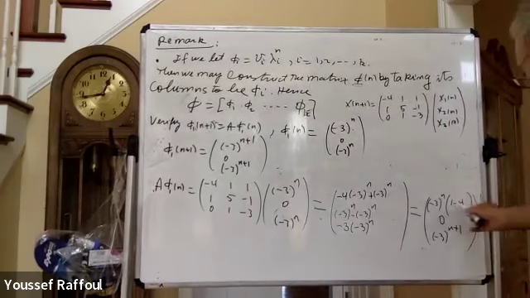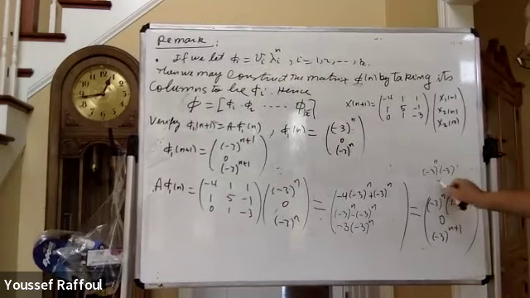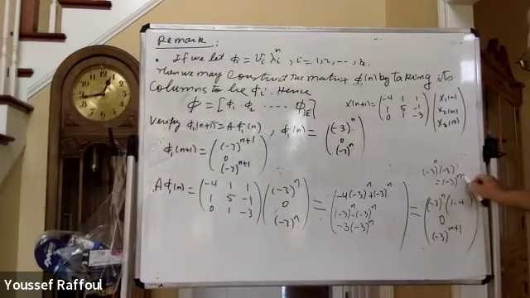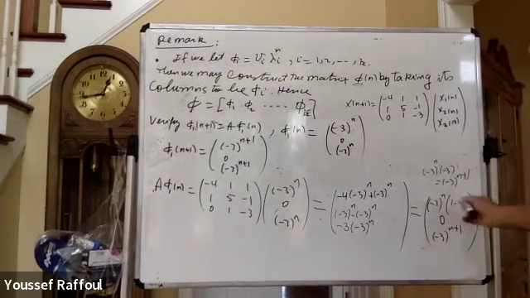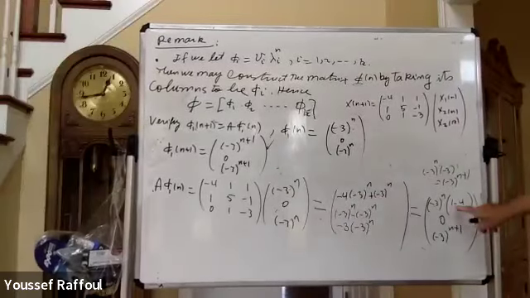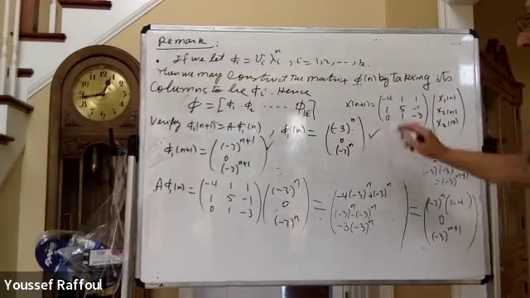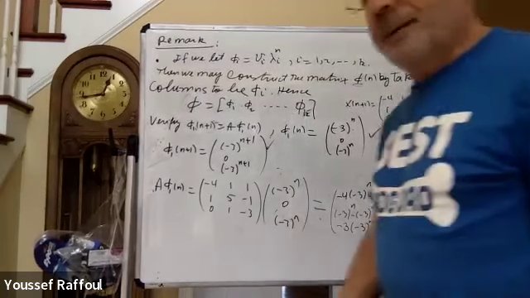You will see it satisfies this. So this is -3 to power n plus 1, 0, -3 to power n plus 1. So actually, indeed, it is a solution.